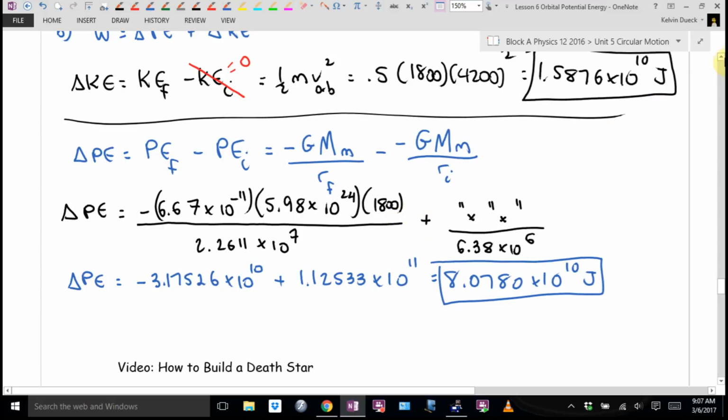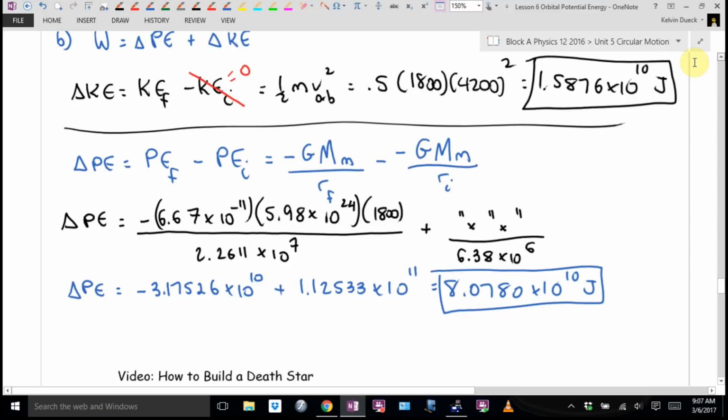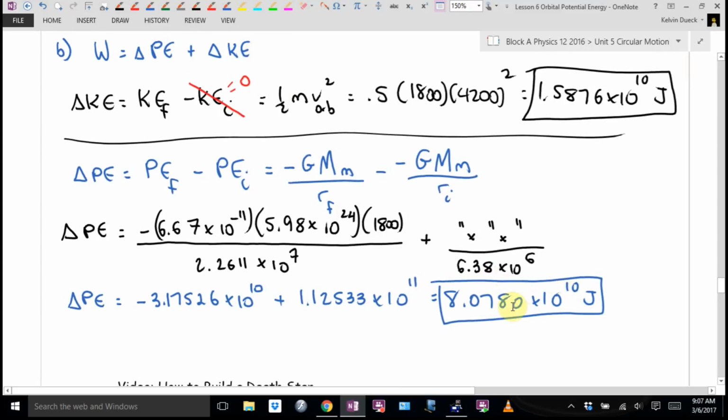At the very beginning of this, we said that the amount of work is going to be the change in potential plus the change in kinetic. This second box is the change in potential. This first box is the change in kinetic. I guess I'm going to add them together. Final line.